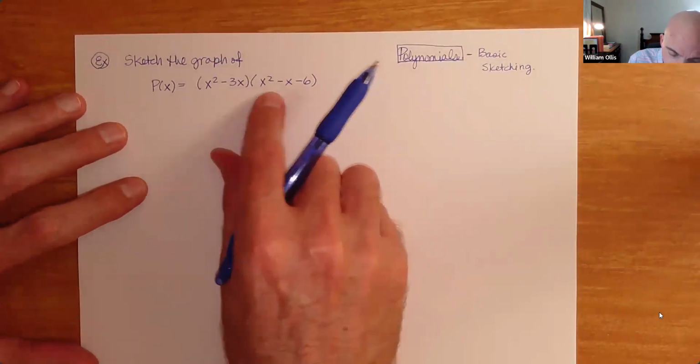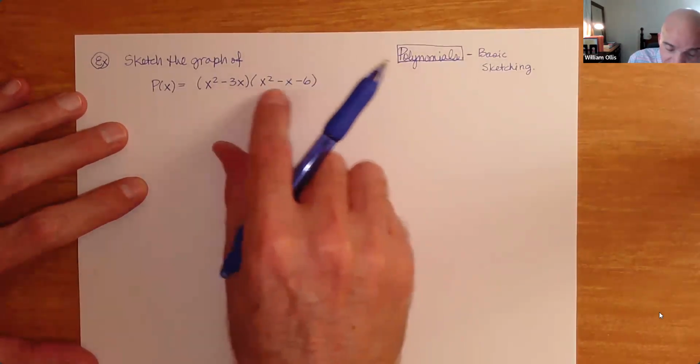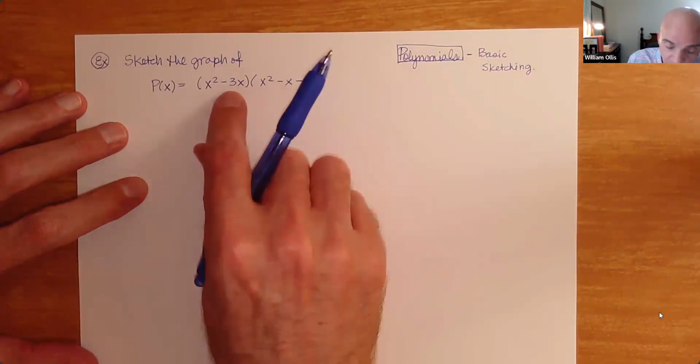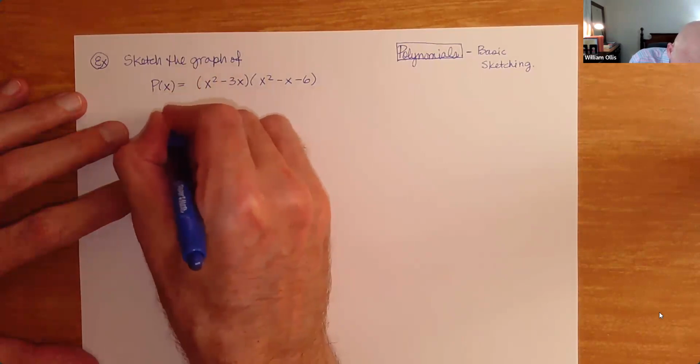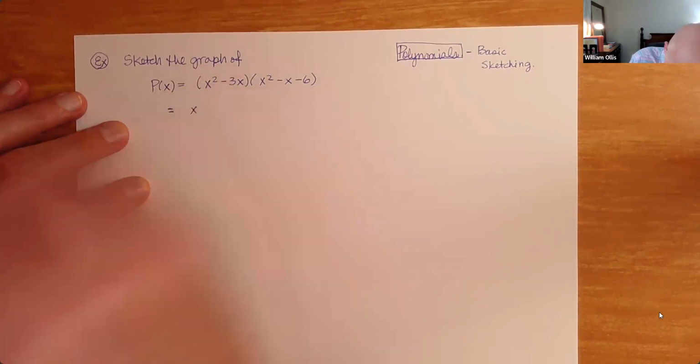Now, first off, we notice that the two factors in this polynomial can be broken down further. So let's go ahead and do that. We can factor an x in the first factor.